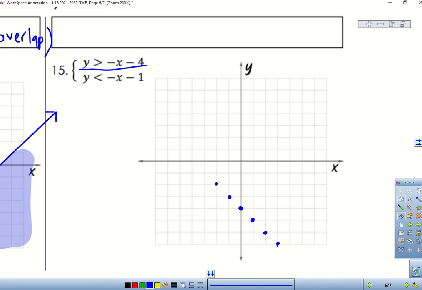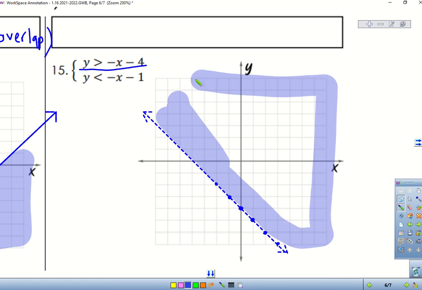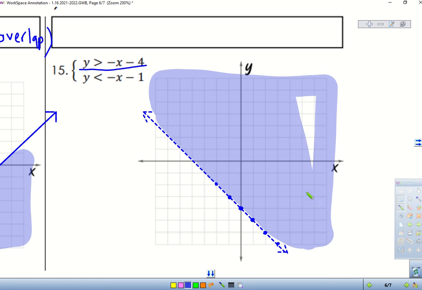I'm going to connect it with a dashed line. And we're going to be shading above because of the way the inequality is going. And then we're going to repeat the process with the second one. Start at -1, down 1 over 1.